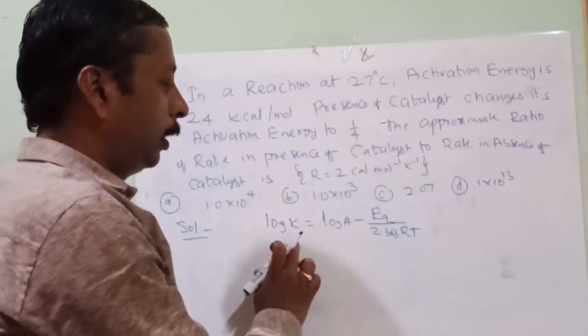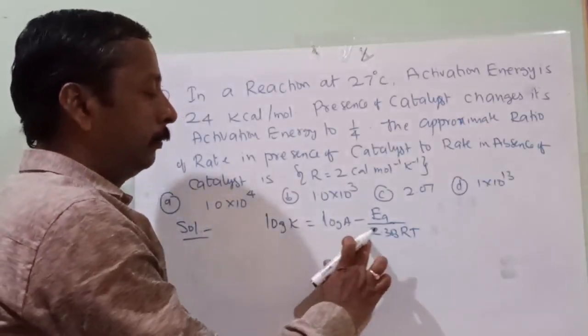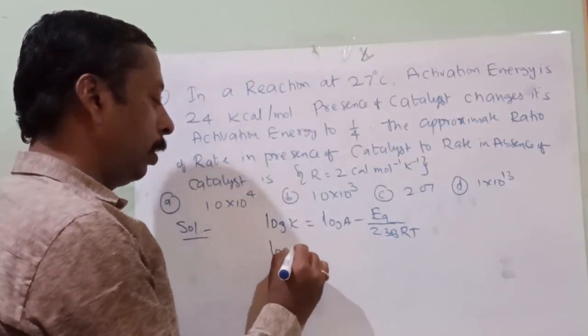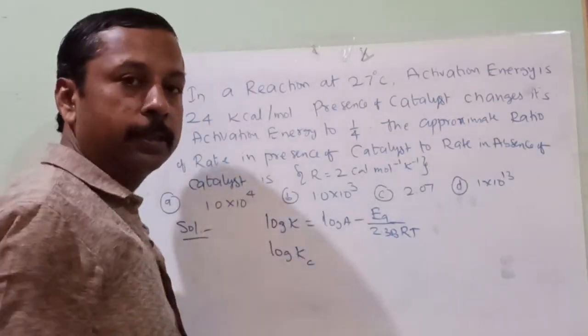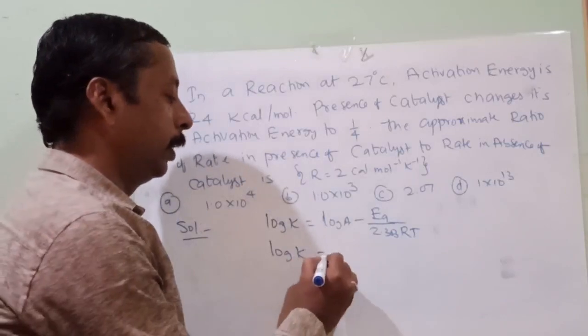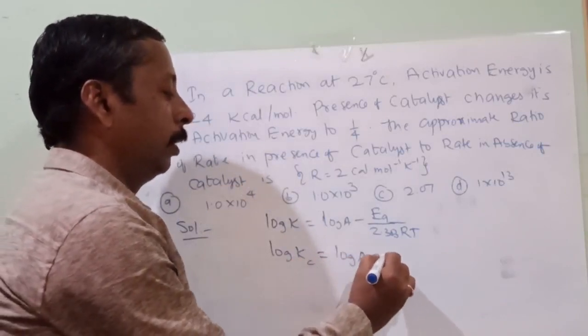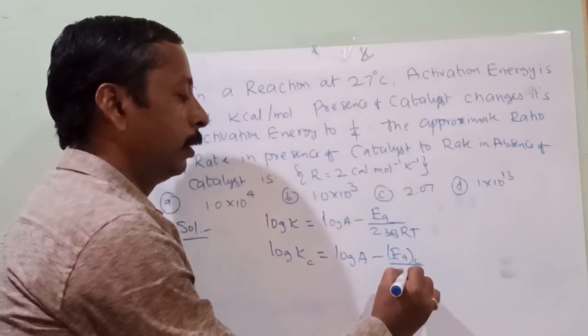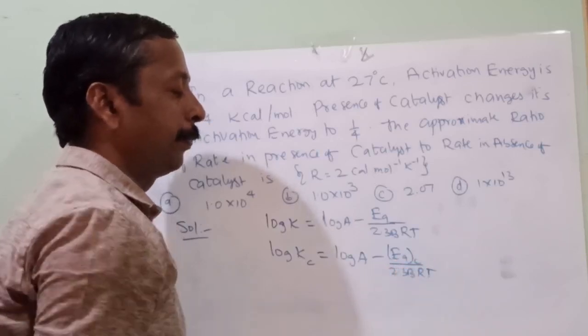So let us take this as the formula without catalyst. Now I will write log Kc. C does not stand for equilibrium constant, don't get misunderstood like that. So EA with catalyst divided by 2.303, the rest are all the same.